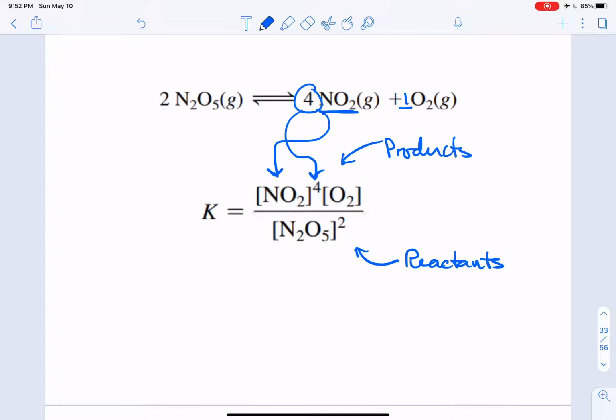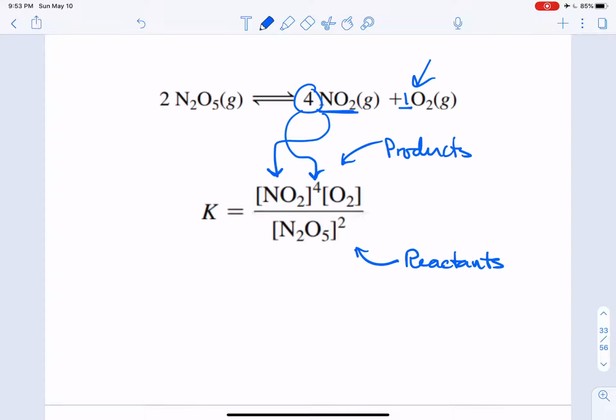And then we multiply that by the concentration of the other product. And the other product is O2. So in the balanced equation, it says that you guys are adding these things together. But in the equilibrium constant expression, we're going to multiply them. Sorry, but that's the way it goes.